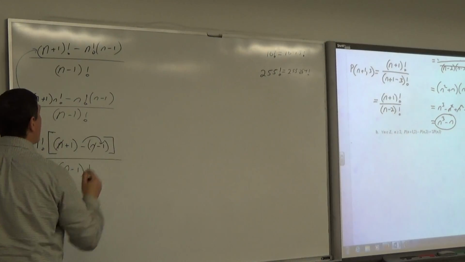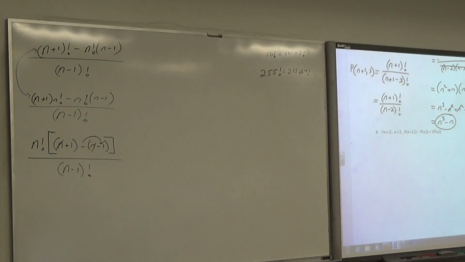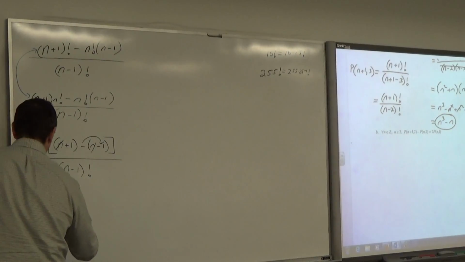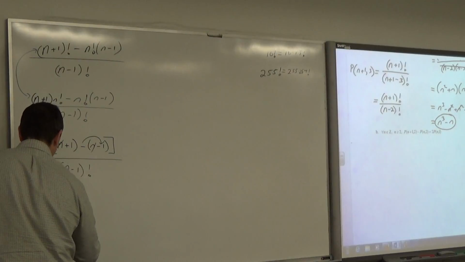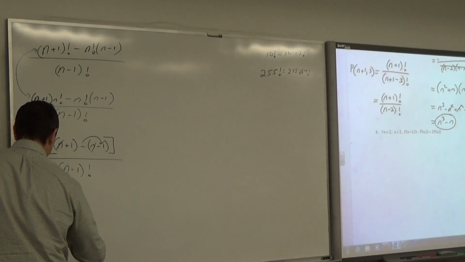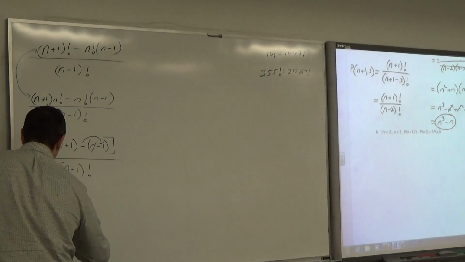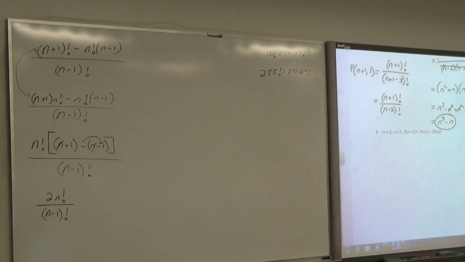And then minus minus 1 becomes plus 1, so that just becomes 2. So we would get 2 times N factorial divided by N minus 1 factorial. Does that make sense, guys? Just some really basic Algebra 1 combine-like-terms stuff.